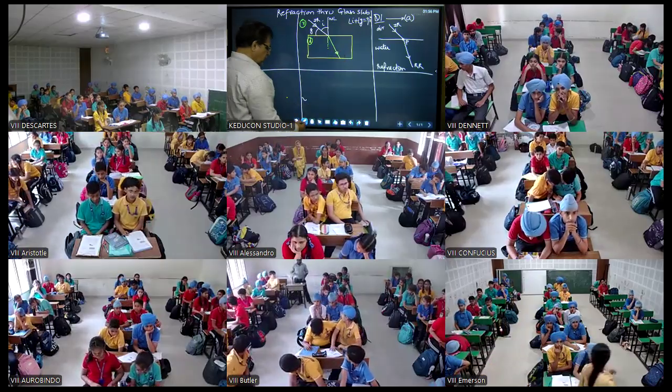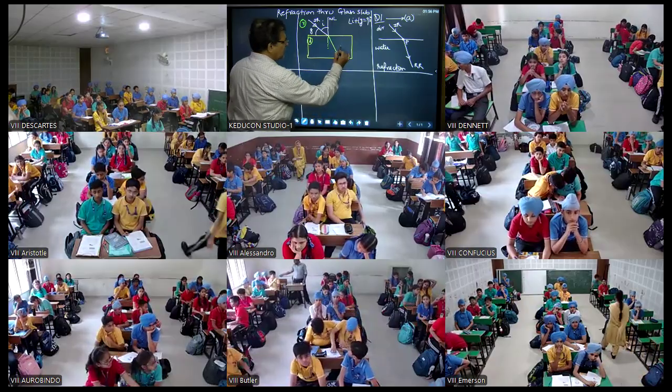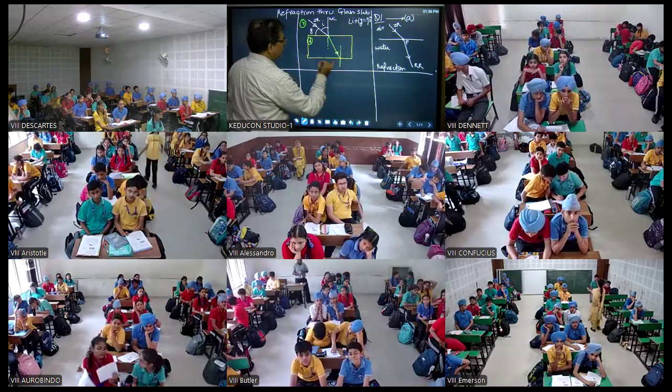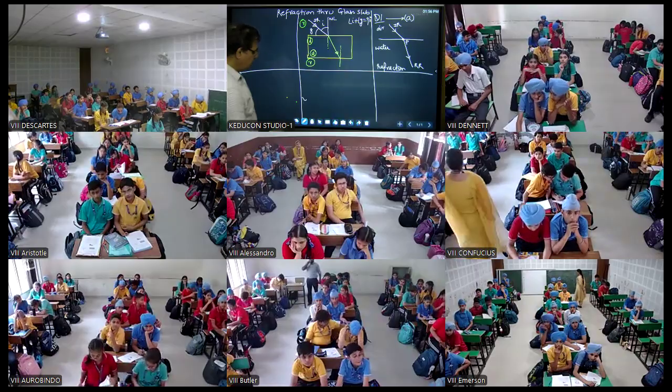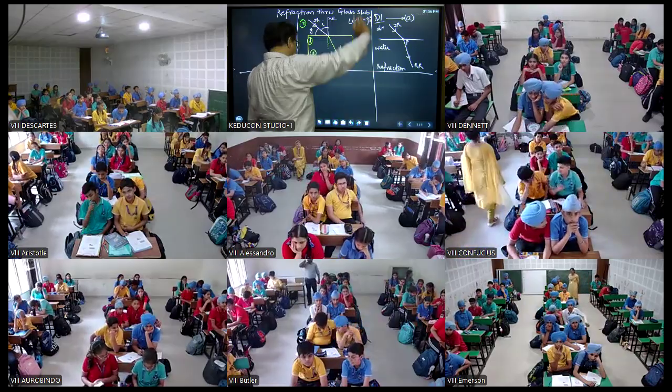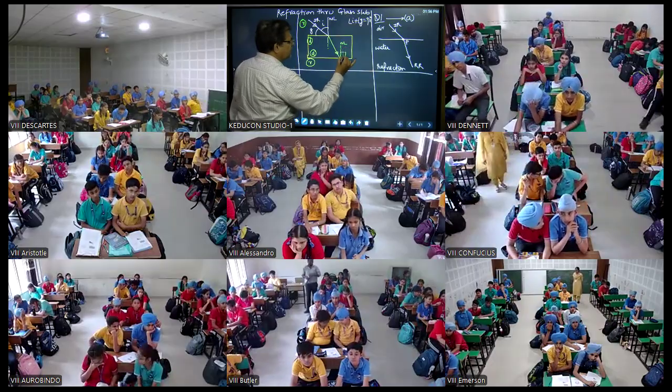Finally, here I am drawing another line. Now the light is going from denser medium to rarer medium. What will happen? It will go away from the normal. This is your normal. Normal means making a 90 degree angle.